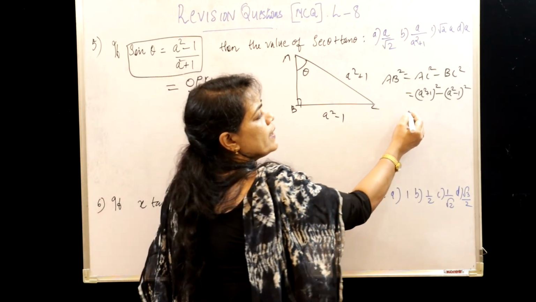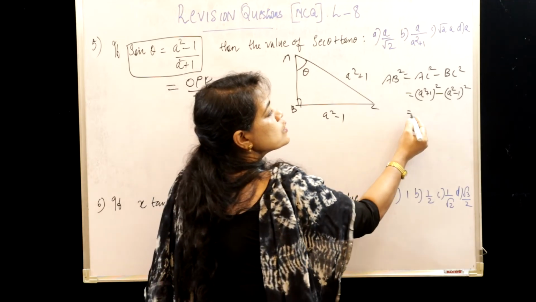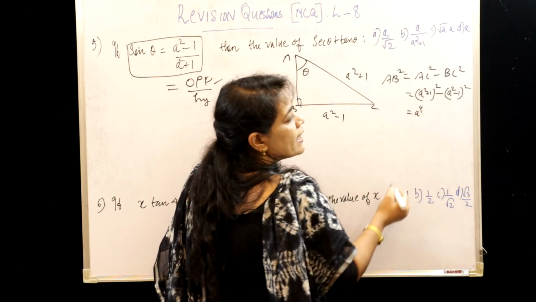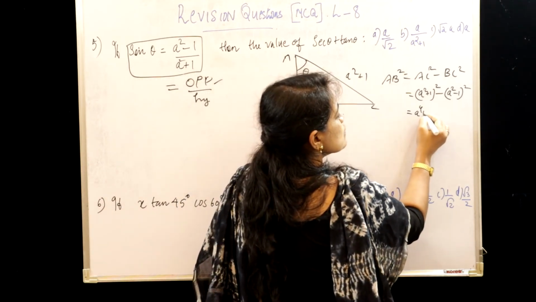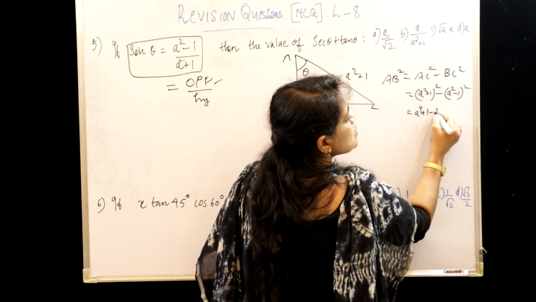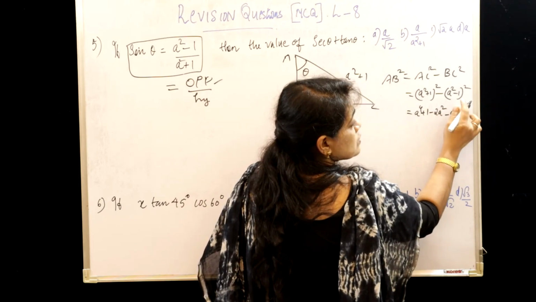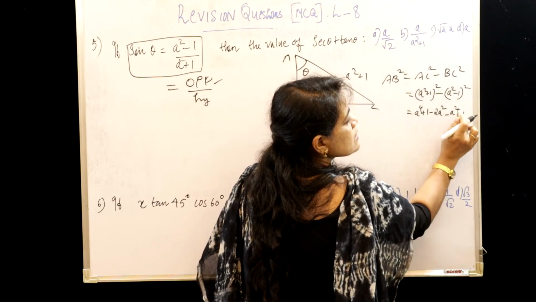So we can apply the identities for (a plus b) whole square and (a minus b) whole square. So it will be a square whole square, a raised to 4, plus 1 plus 2a square, minus (a square whole square, a raised to 4, plus 1 minus 2a square).